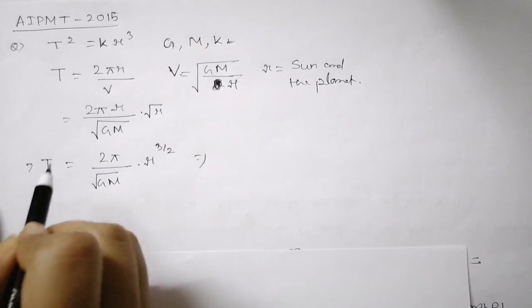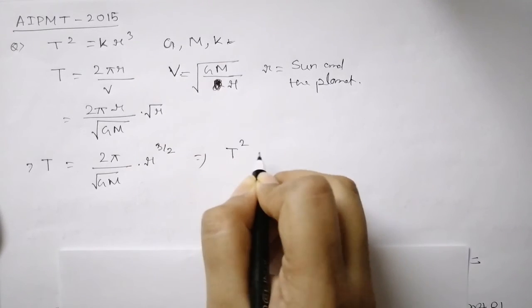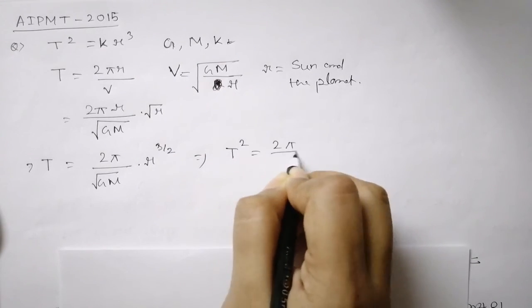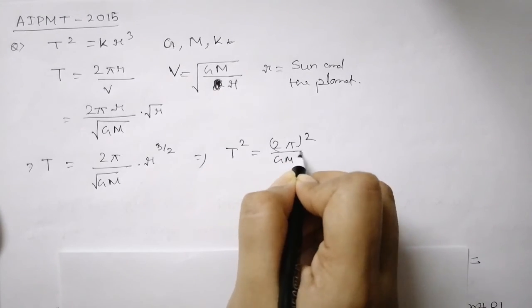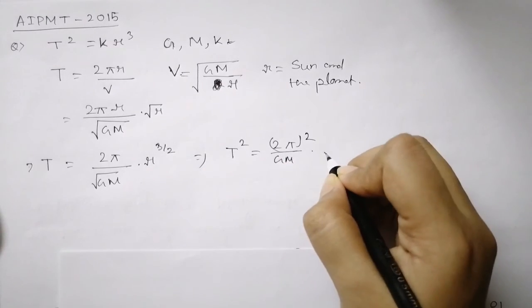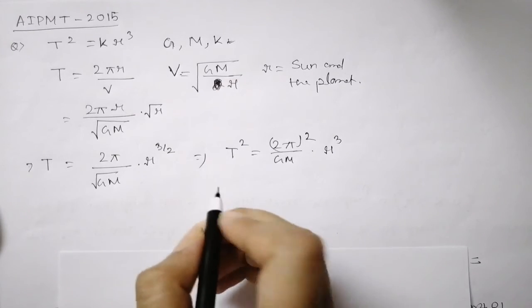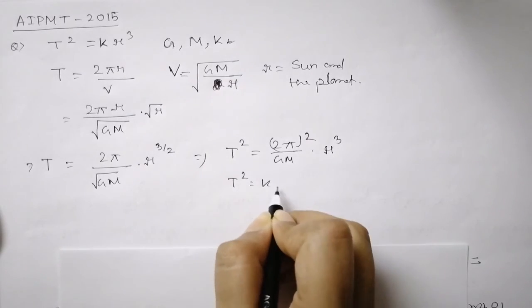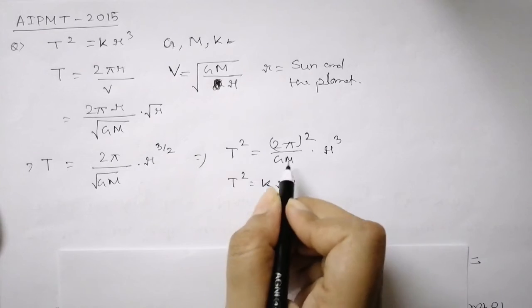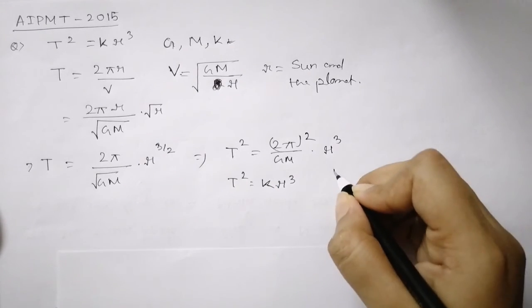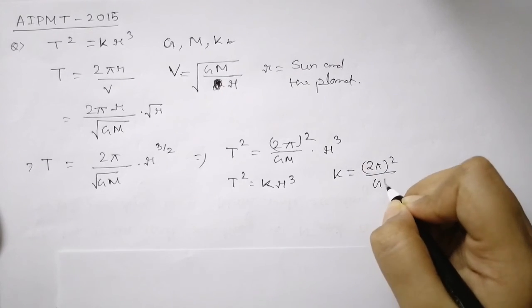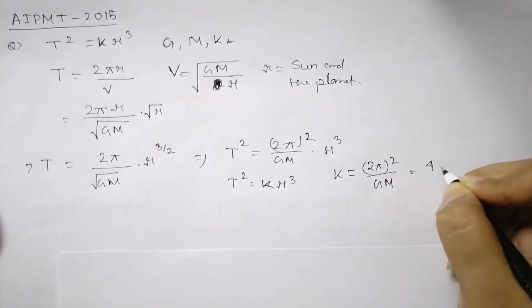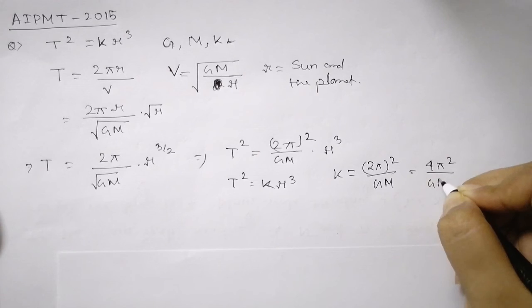Now if I square both sides, then I will get T square equal to 2 pi square by GM into r cube. So if you equate with the formula T square equal to k r cube, you can get k equal to 2 pi square divided by GM, that is 4 pi square divided by GM.